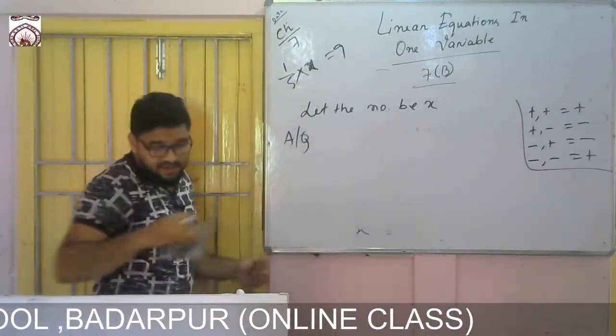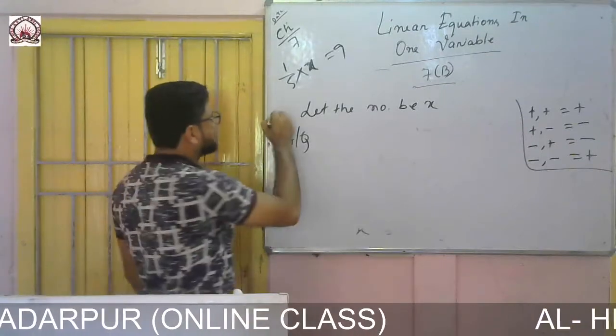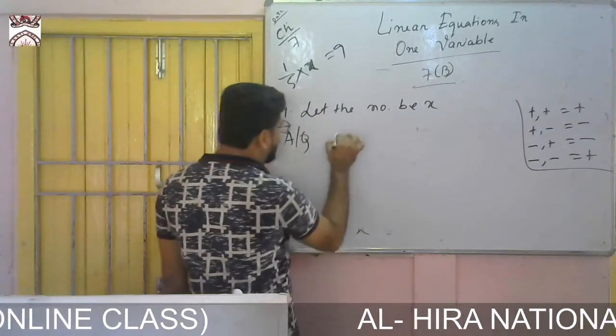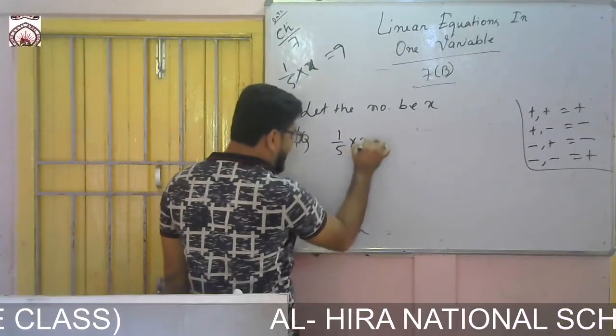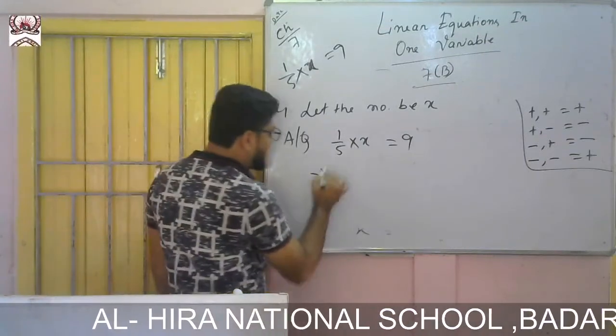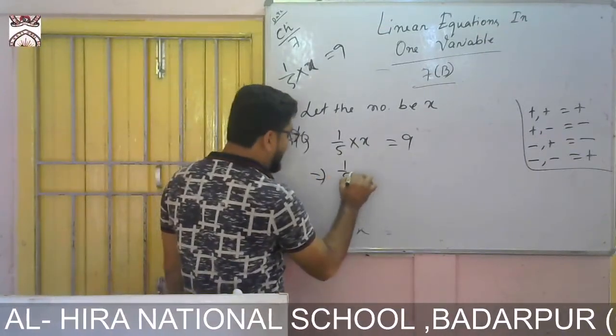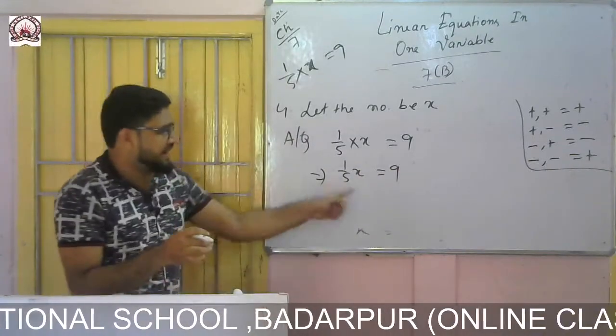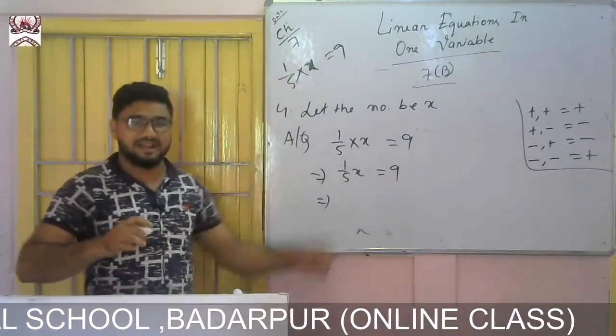Question number 4. Let the number be x. So 1/5 of a number equals 9. Actually it is 1 by 5x equals 9. Now if I transfer it to the right side, it will go as a multiplication.